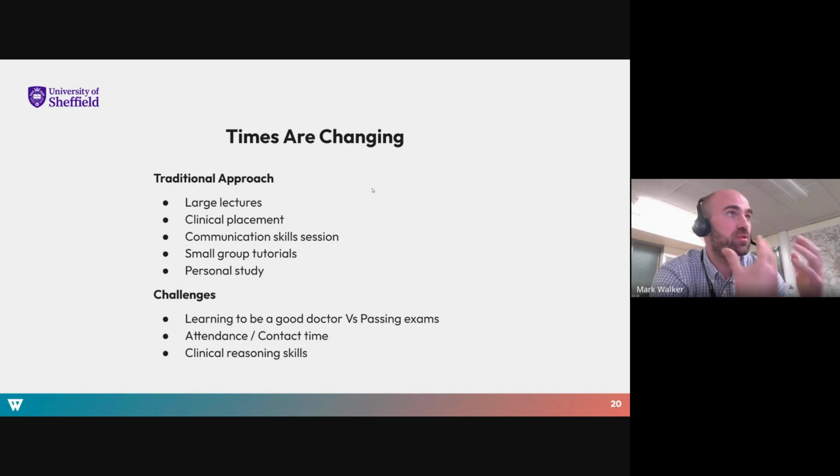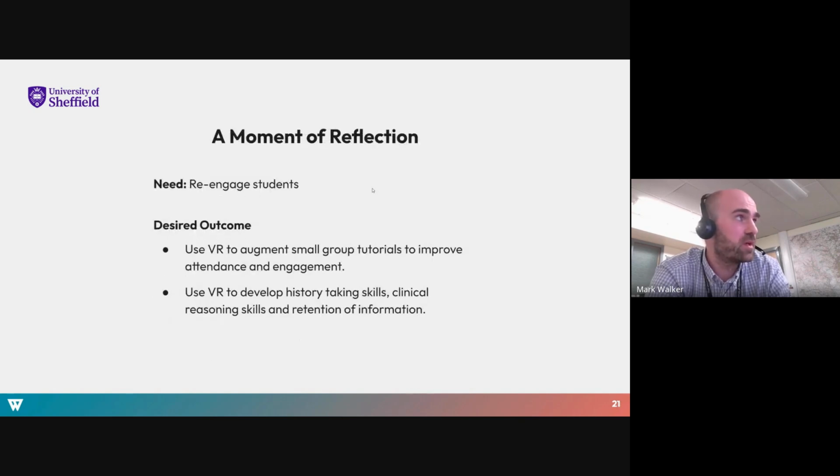But we still need to retain that clinical reasoning skills, which is fundamental to any doctor developing their skills and how to help patients in future. So this need to re-engage students, with attendance changing, students using different resources online, using less of the traditional book approach of reading around subjects they've seen.